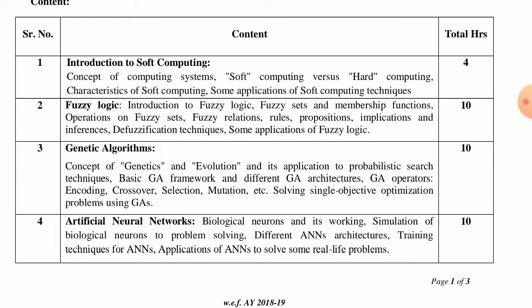Now chapter number 4, artificial neural networks. Its short form is ANN. So first the biological neurons and their working. First off, we learn the biological neuron, meaning our body system.